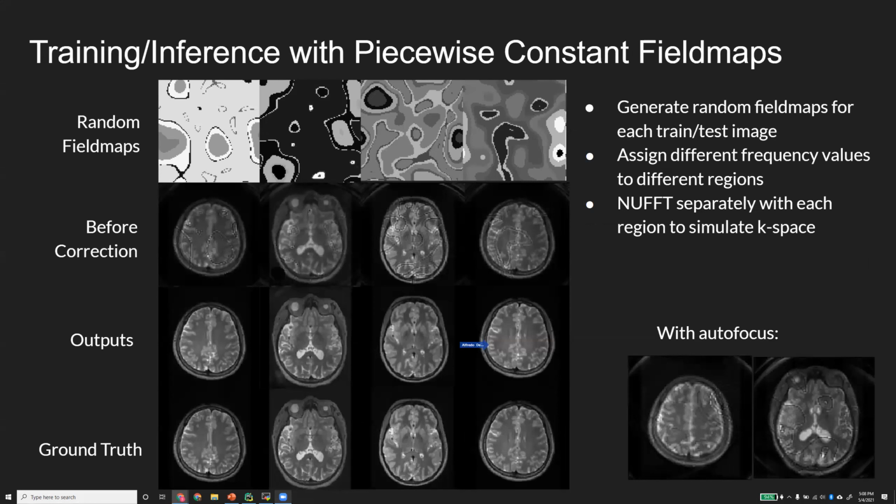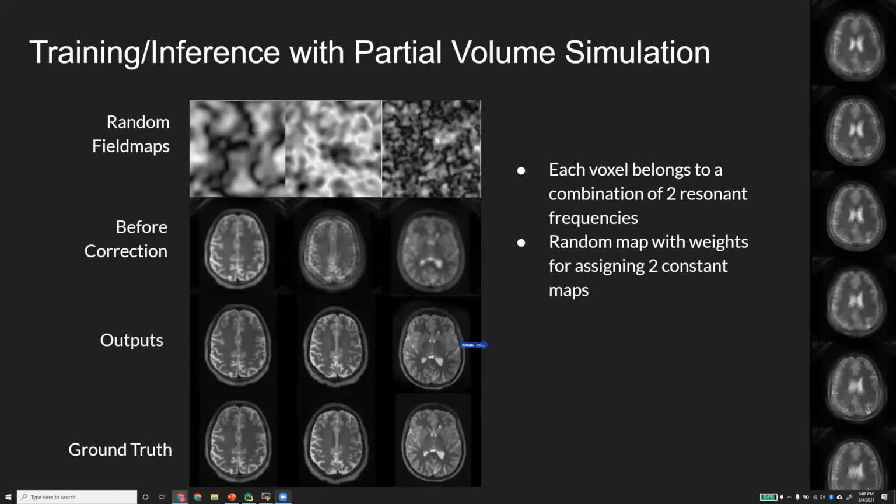Next slide, please. We also tried non-uniform maps. We can do piecewise constant maps, also random maps, assigning frequencies at some cut thresholds. We ask the network to correct this, and it's able to do it, while autofocus here is not able to do a good job. The last thing we tried is partial volume.